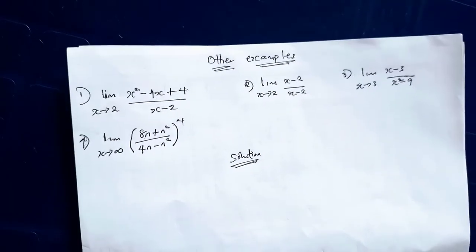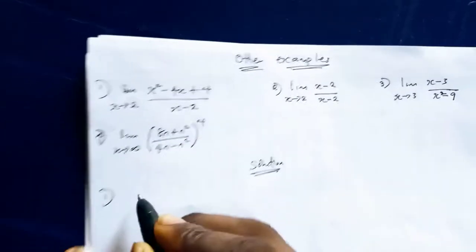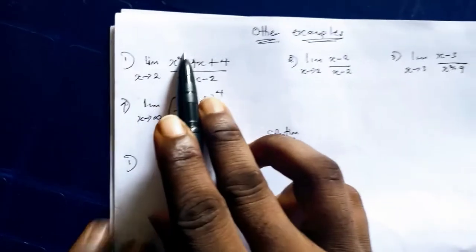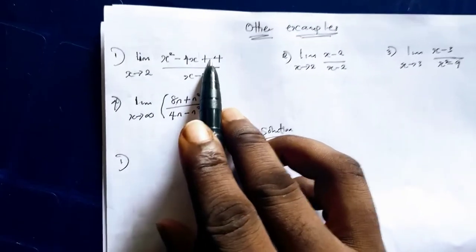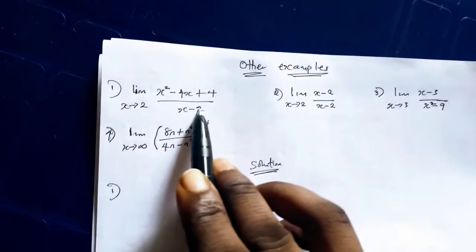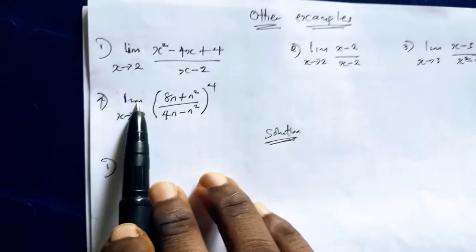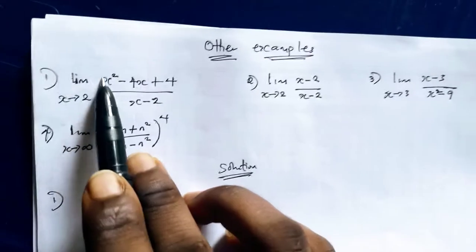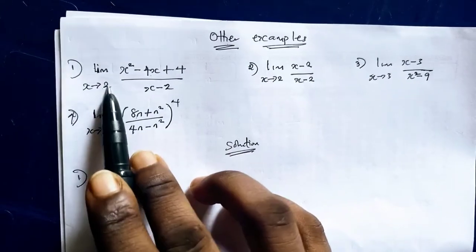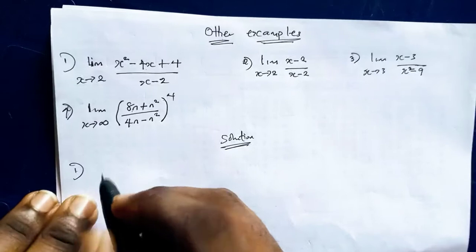We are given the first one as the limit of x squared minus 4x plus 4 divided by x minus 2 as x approaches 2. Now, like I have said, we replace our x values with 2 and we see what comes out.